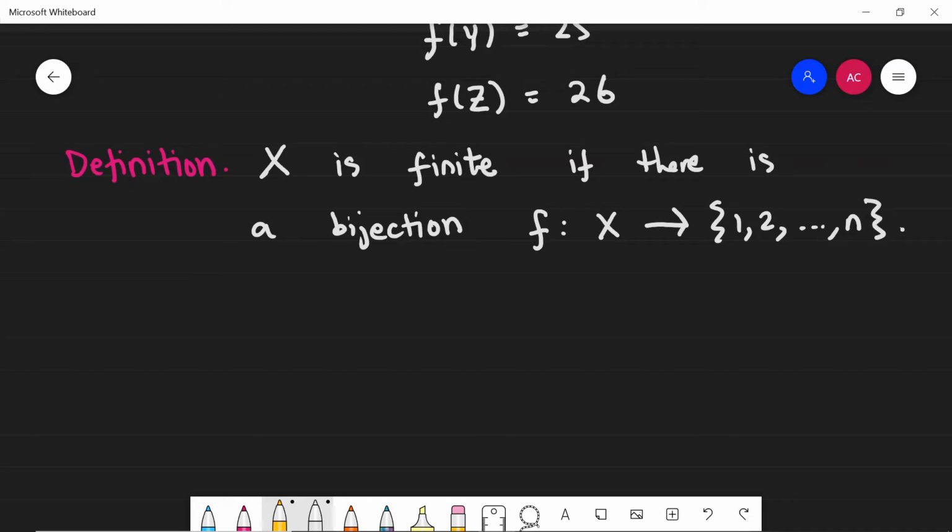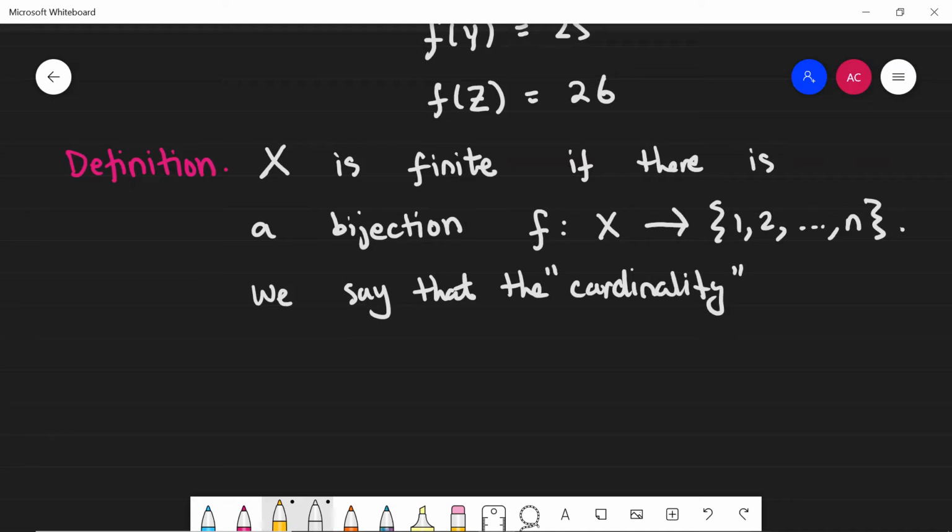In which case, X has n elements. So we say that the cardinality of the set X is the positive integer n.